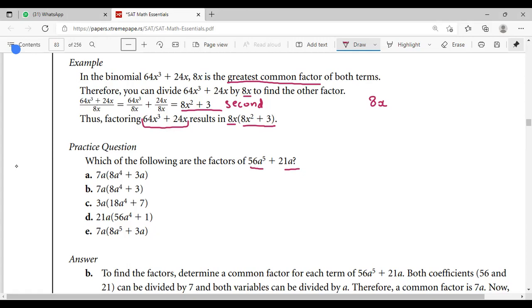All of these have a, so at the moment all of them can be the choices, but this cannot be because it says a and this is a to the 5. So this cannot be a choice, right? And we need to see what terms we can take common. So we have 21, so this cannot be an option again.